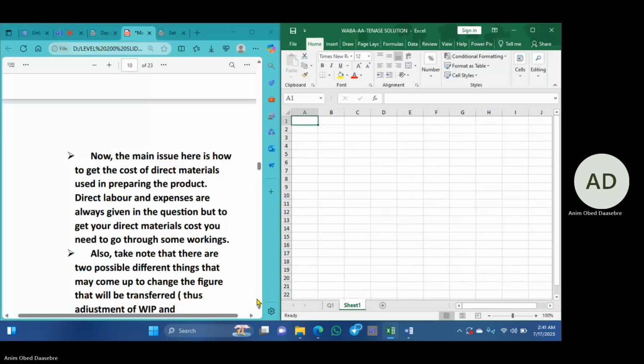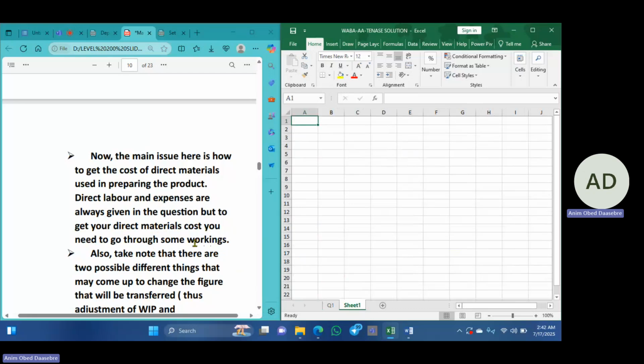Okay, now we have calculated our direct material cost. We need to also add our direct labor and direct expenses. They are always given in the question, but to get your direct material cost, you need to go through some working.